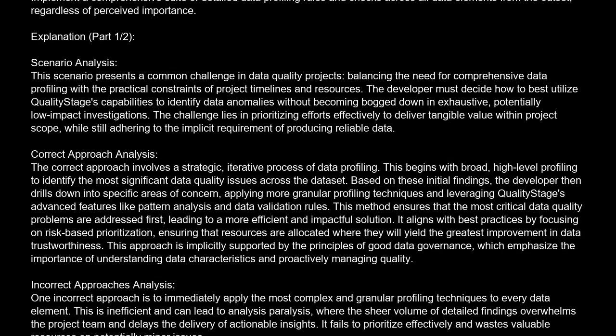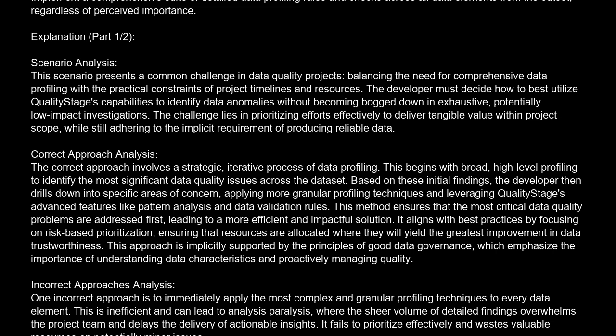The correct answer is B. Implement a comprehensive suite of detailed data profiling rules and checks across all data elements from the outset, regardless of perceived importance. Explanation. Scenario analysis. This scenario presents a common challenge in data quality projects, balancing the need for comprehensive data profiling with the practical constraints of project timelines and resources.